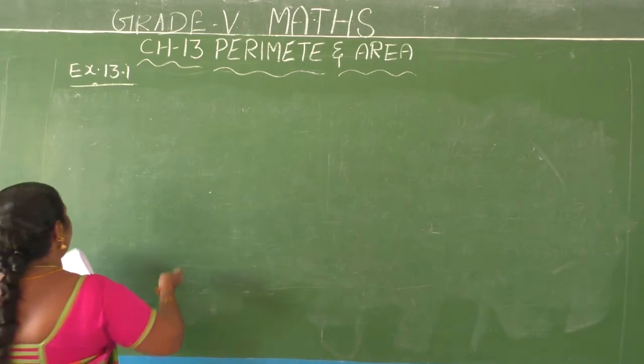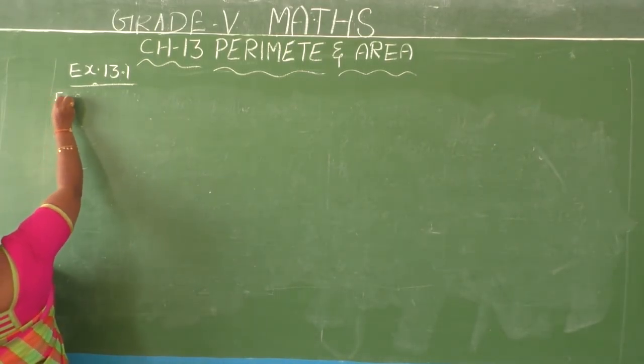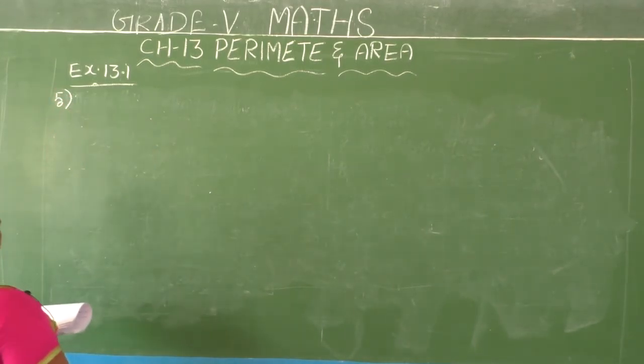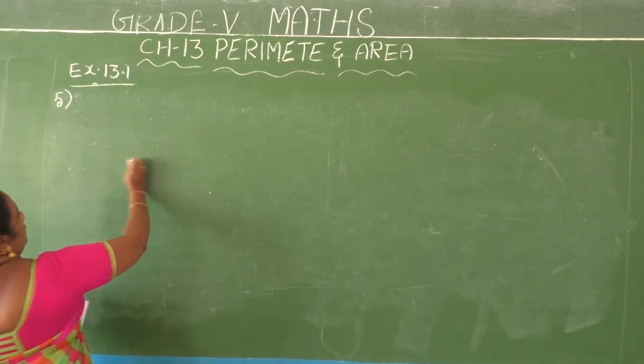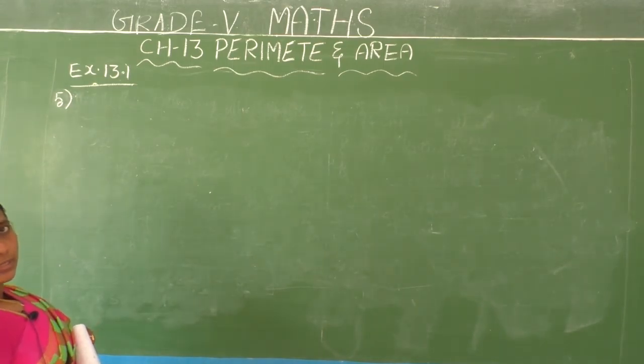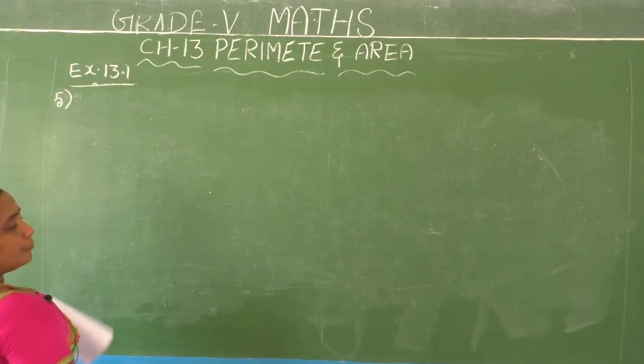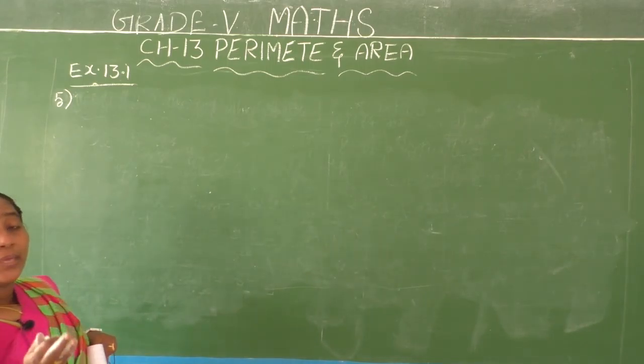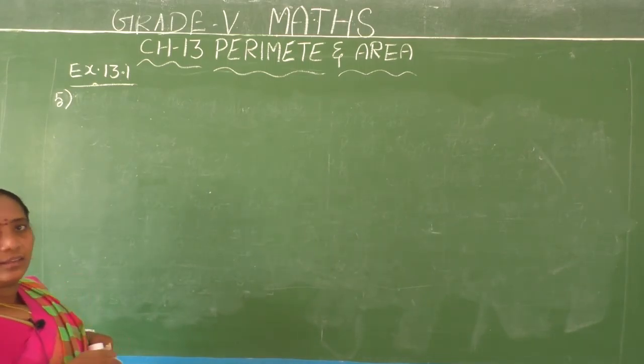Okay ma. Then fifth Roman. So in the previous Romans we worked out about squares, perimeter and the sides of the squares. Now in the fifth Roman we are going to find out the perimeter of a rectangle.